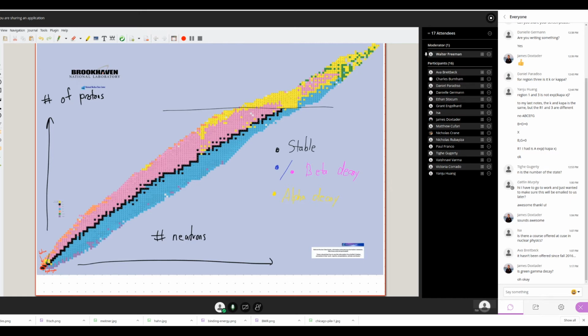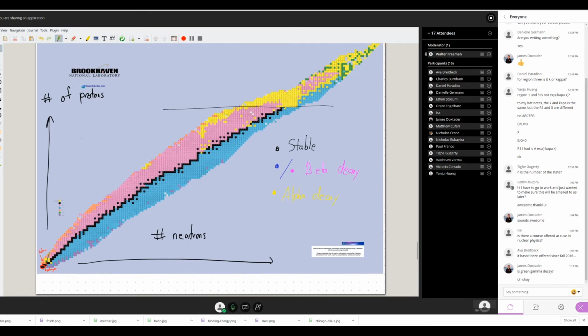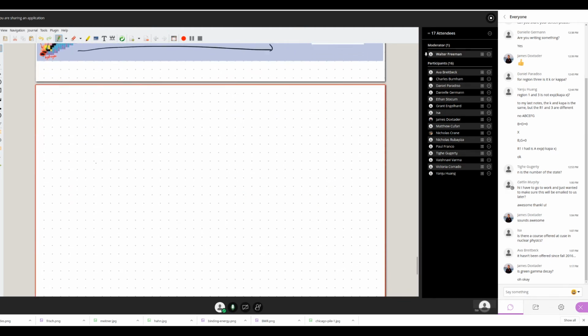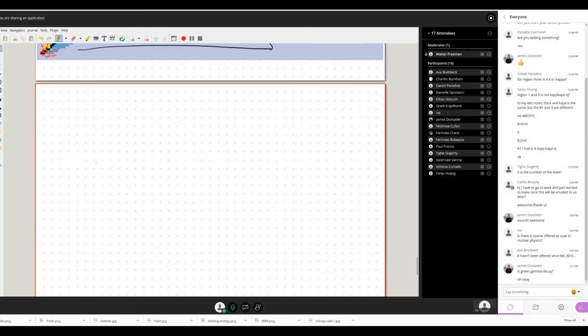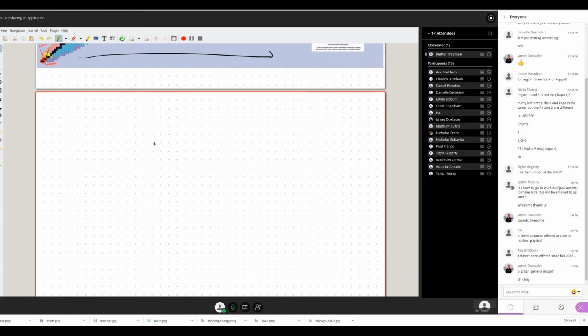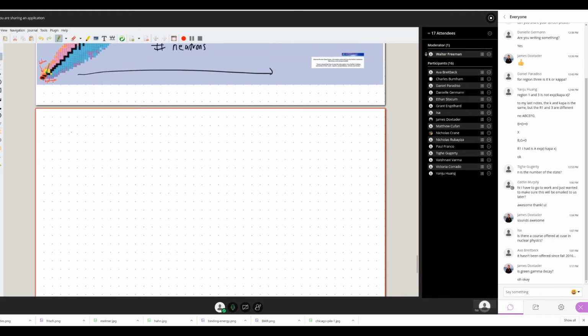But there are some radioactive isotopes that have half-lives so long that we still find them around. So now we start talking about uranium. It's got two isotopes which have very long half-lives.